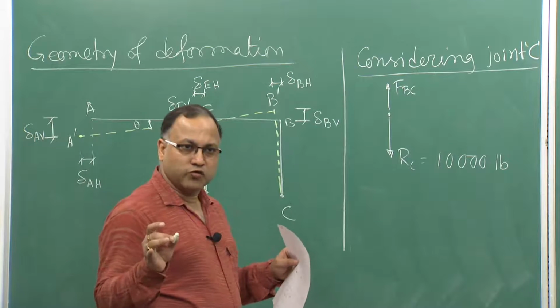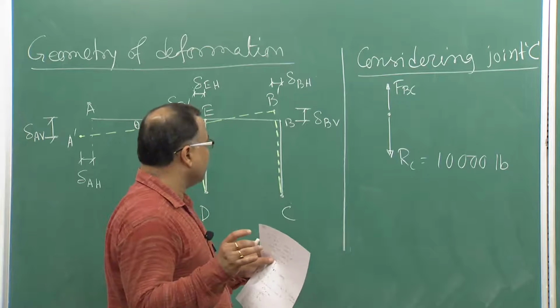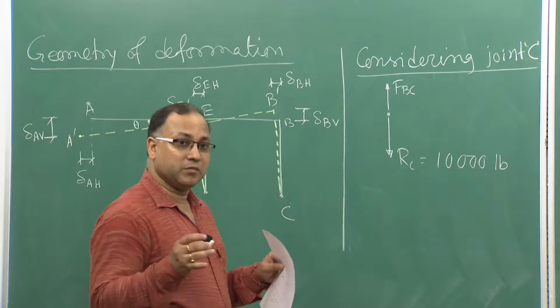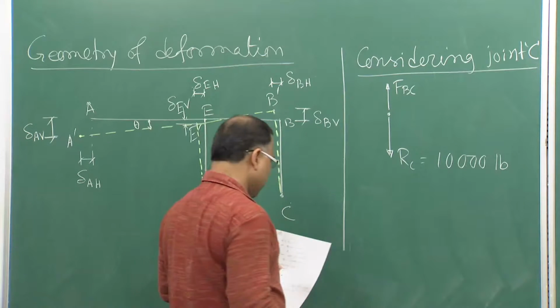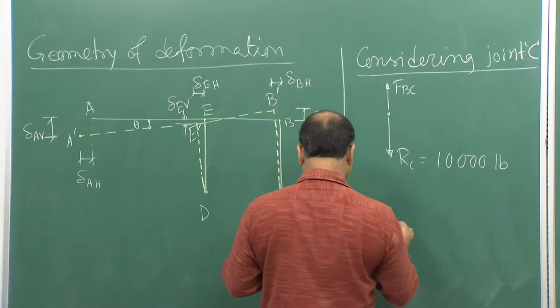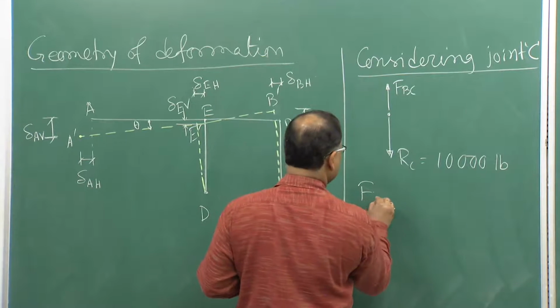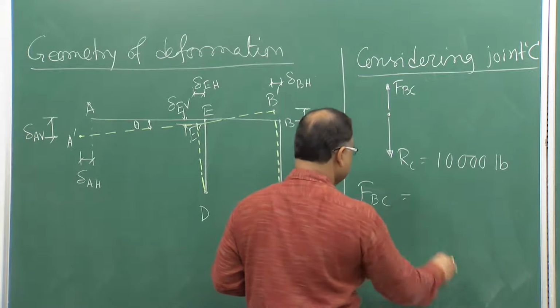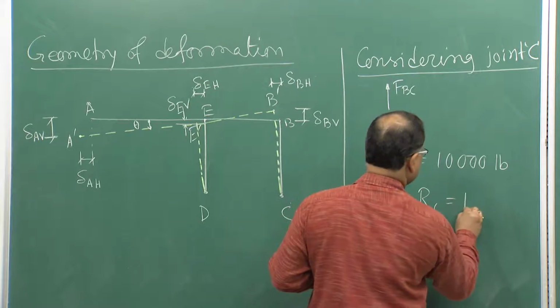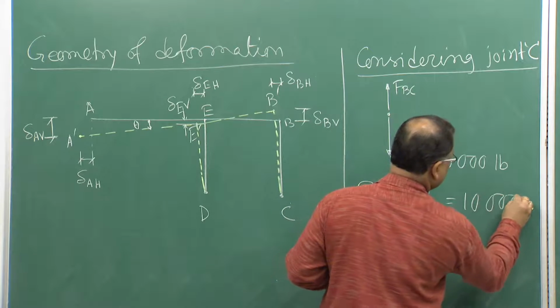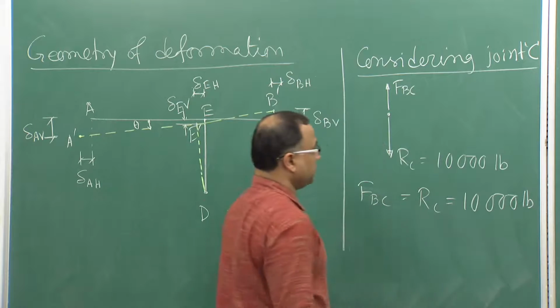Still I do not know whether it is tension or compression; that will come from the calculation. From summation of Fy equal to 0 at joint C, I can simply write FBC equal to RC equal to 10,000 pound.